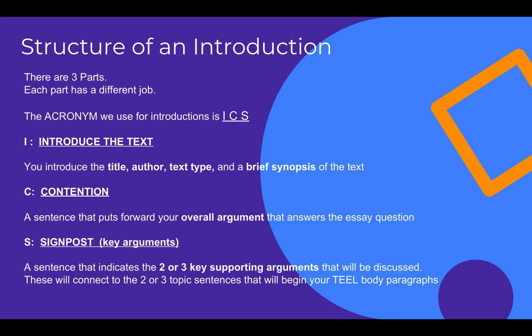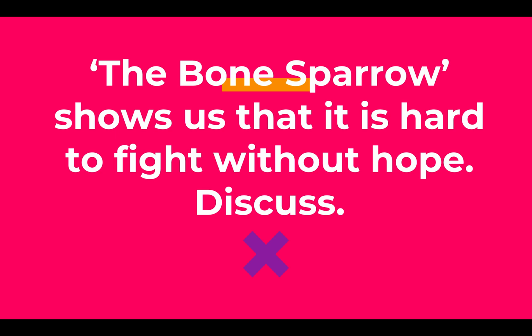And you will be signposting in the introduction, but also in your body paragraph, your topic sentence will connect to this. So your topic sentence of your body paragraph will be the same as your signposting. And this will make more sense when we start doing a body paragraph. So right now, just think about your intro. So the introduction has: introduce the text, contention, and signpost your arguments.